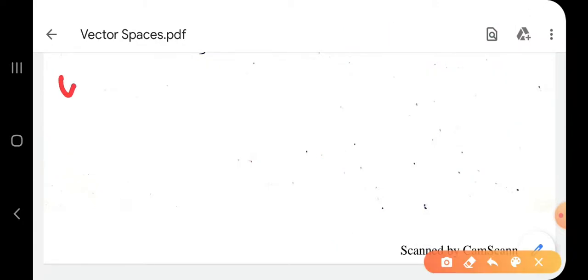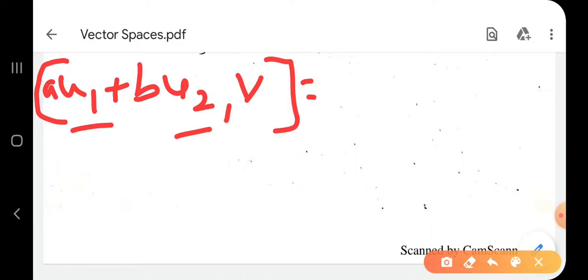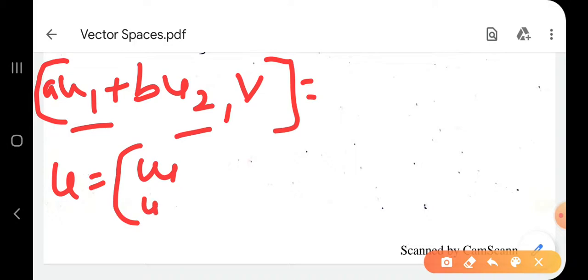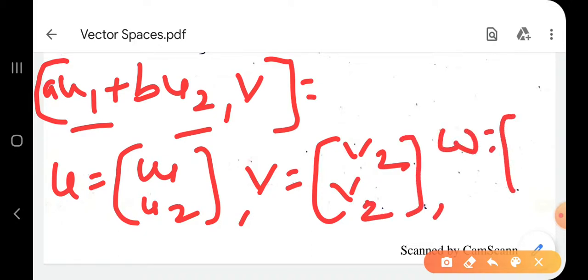Here you may take a u1 plus b u2 and v, or you may take w also, no problem. Instead of this complicated notation, I define simply u as (u1, u2), v as (v1, v2), because there is ambiguity between notations, so I change it a little bit. w is equal to (w1, w2).